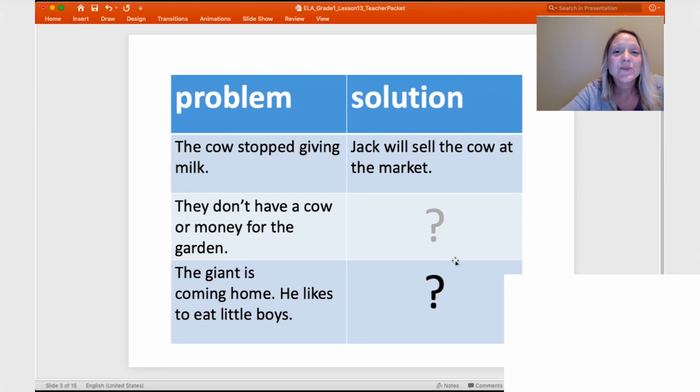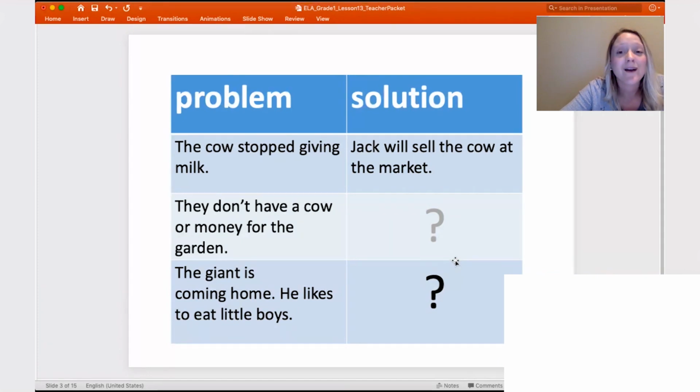Now, let's look at our independent work from our last lesson together. If you don't have yours today, that is okay. You can share mine. When I look at my chart, I see that we read about a boy named Jack and a new problem he had. Everybody point to the new problem that Jack had from last time's story. Yes, that's right.